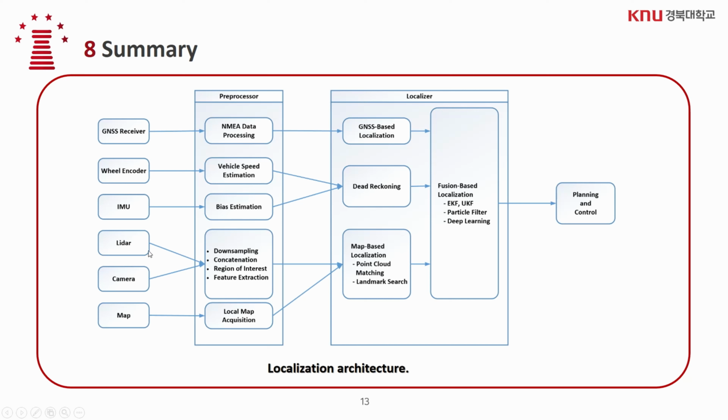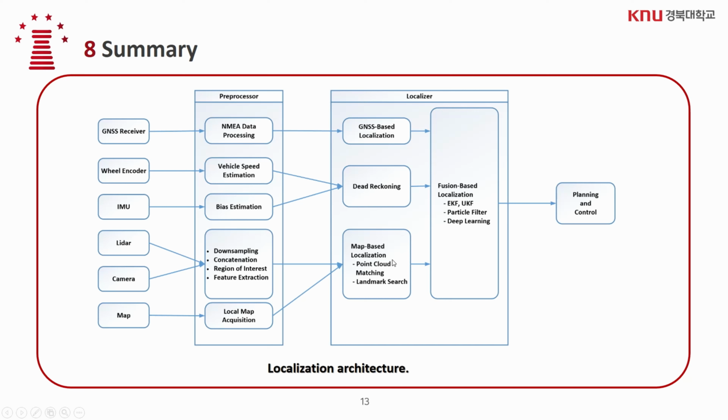In our current experiments, we didn't consider a camera based system, but to improve the performance, most systems consider lidar and camera together, like a sensor fusion based system. It involves downsampling, concatenation, region of interest, and feature extraction processing of the data.